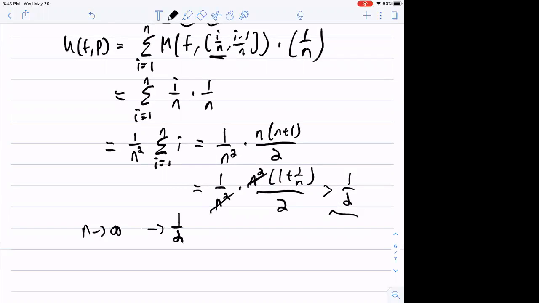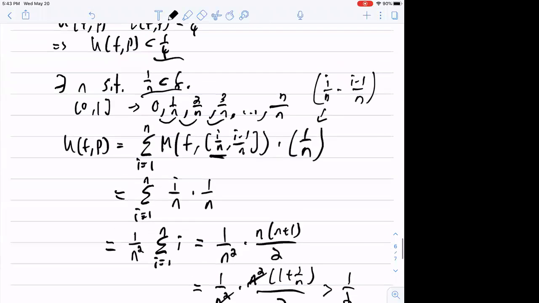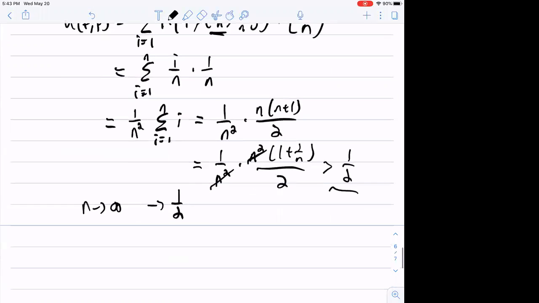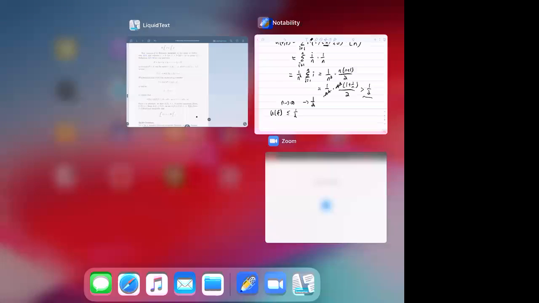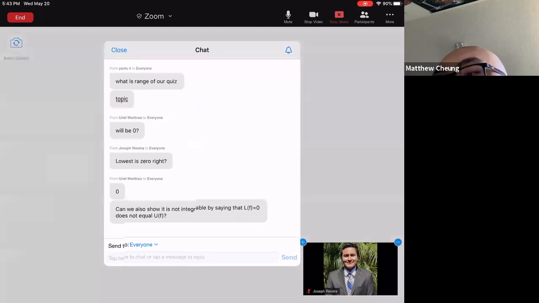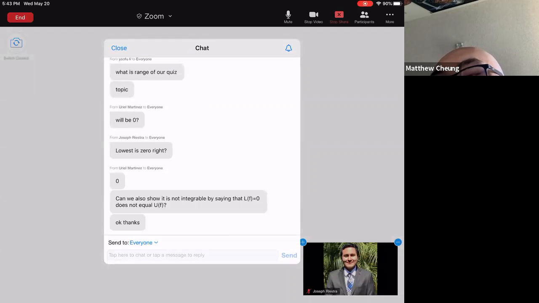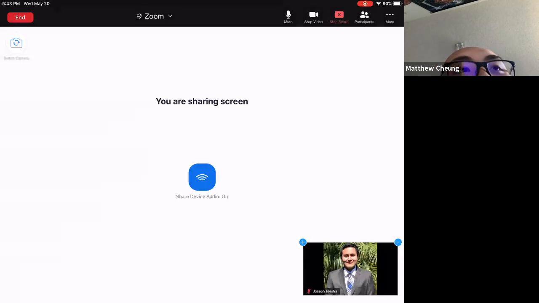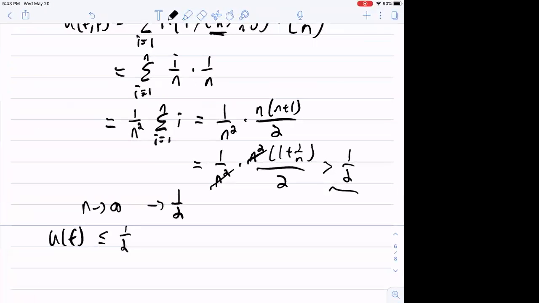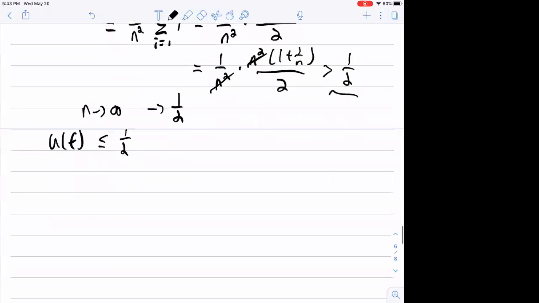So if I take my n bigger and bigger, but U of F is smaller than U of Fp for any P, all I know is that U of F is smaller than or equal to a half. Unless you could show it's bigger than or equal to a half, but I'm not sure how you would do that. Are you clear? Computing U of F might be a pain. I think the book asks you to, but I feel it's very hard to do.